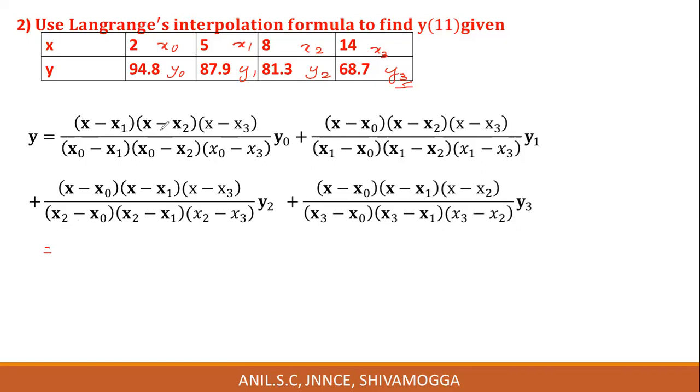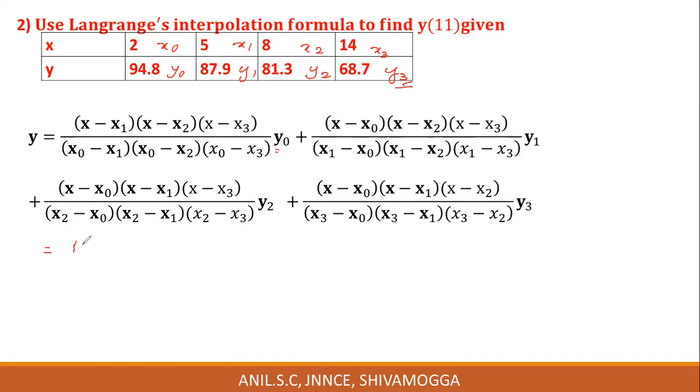x minus x1, x minus x2, x minus x3 divided by x naught minus x1, x naught minus x2, x naught minus x3 into y naught. This is the first term. x is the value at which y is to be determined. It is 11.